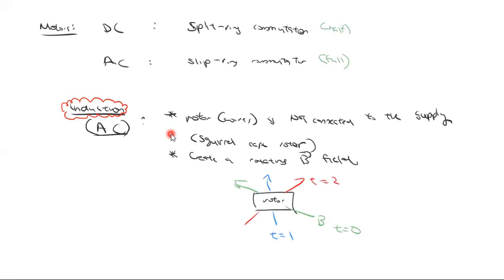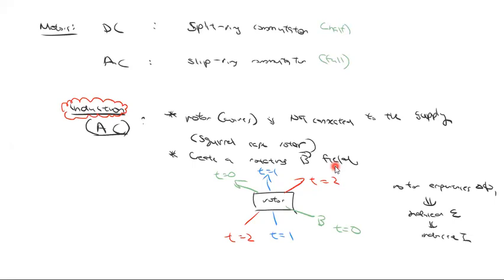And so what we're basically saying is, as a result of this, because we are putting the rotor in a rotating magnetic field, then because the magnetic field is changing, the rotor is going to experience a change in flux. And because it experiences a change in flux, it will have an induced EMF, which will then give it an induced current.